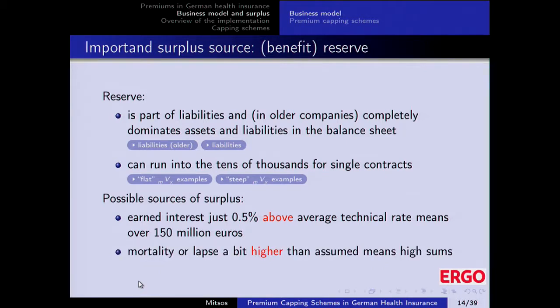Or if the mortality or lapse rate happens to be a bit higher than expected, then of those persons with 50 or 100,000 euros reserve, of course this is earned money.